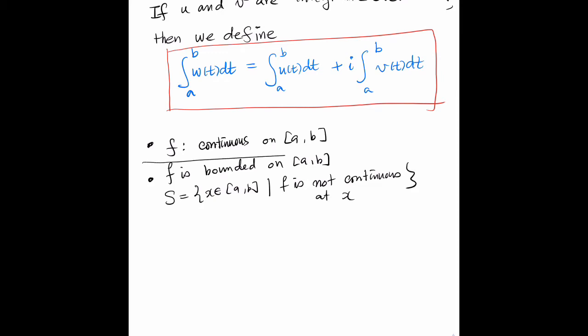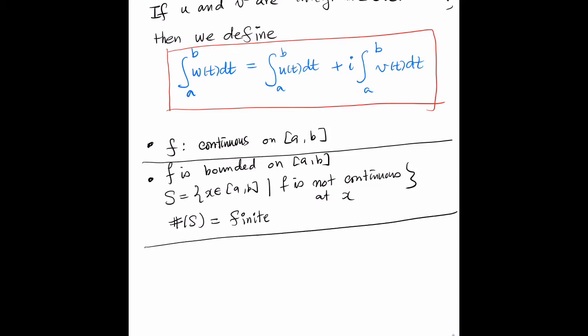So this is a different function, and then we also assume that the number of elements in S is finite. Okay, so the first one is a continuous function. The second one is a bounded function, with finitely many discontinuities.